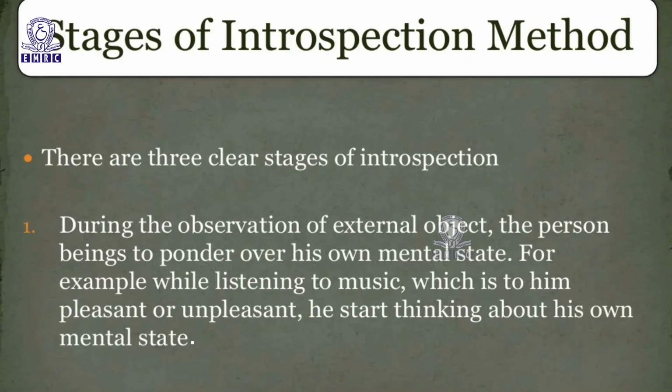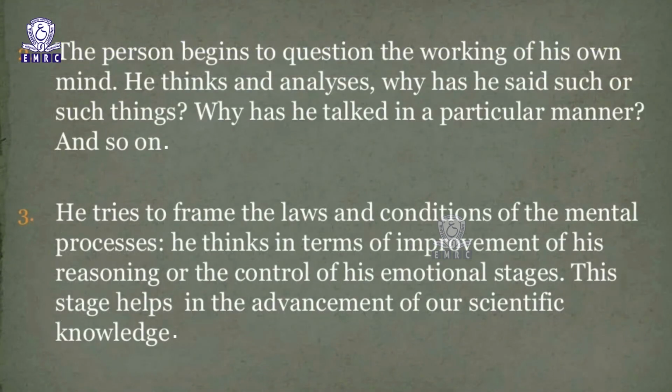There are three clear stages in introspection. The first one is that during the observation of an external object, the person begins to ponder over his own mental state. For example, while listening to music which is pleasant or unpleasant to him, he starts thinking about his own mental state. Then the second stage happens: the person begins to question the working of his own mind.